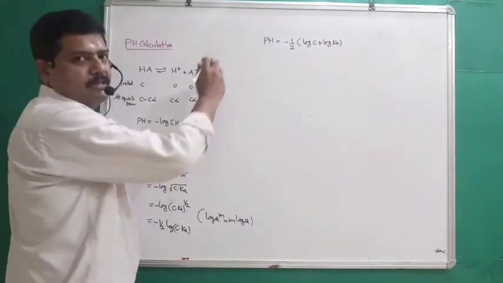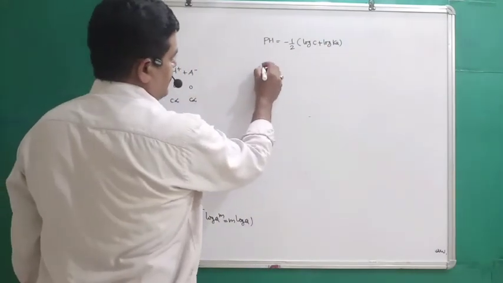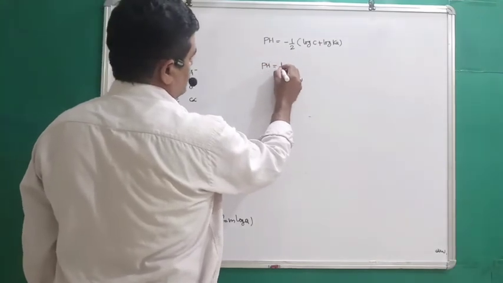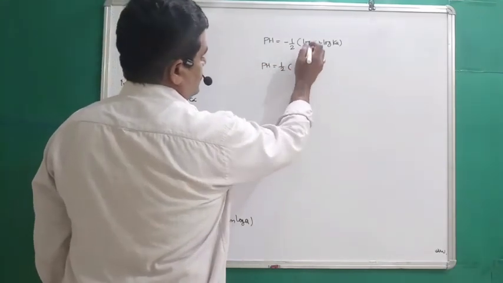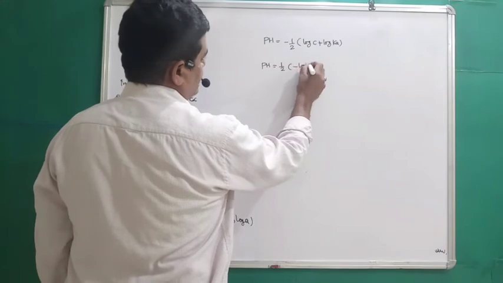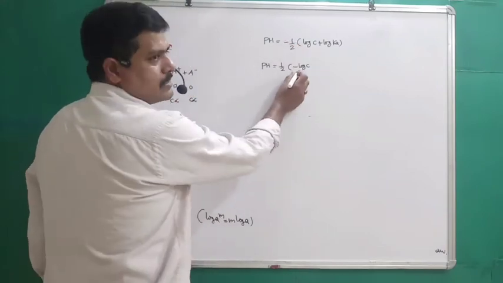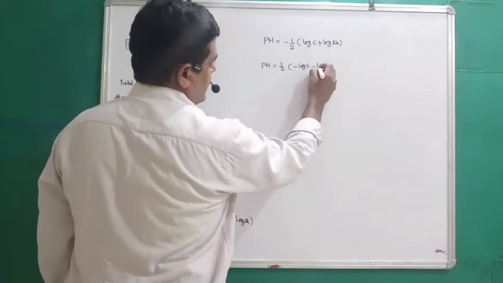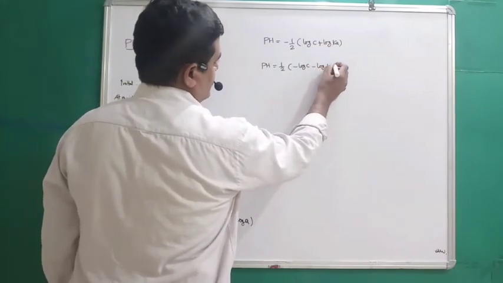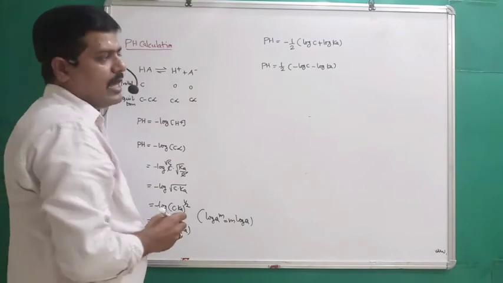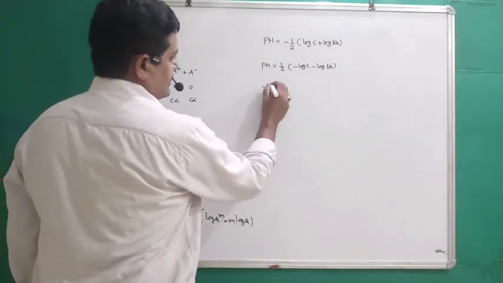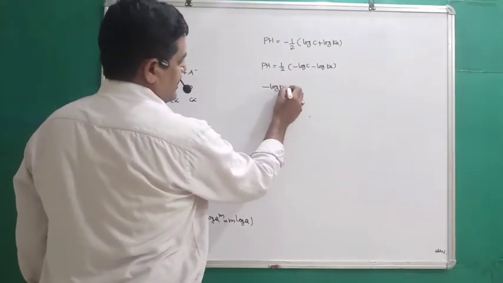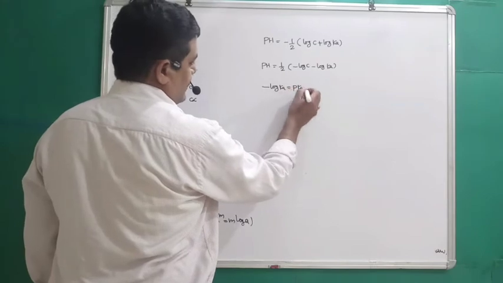So multiplying the minus inside, we get pH is equal to 1 by 2 into minus log C, minus log K. Minus log Ka we can write as pKa.